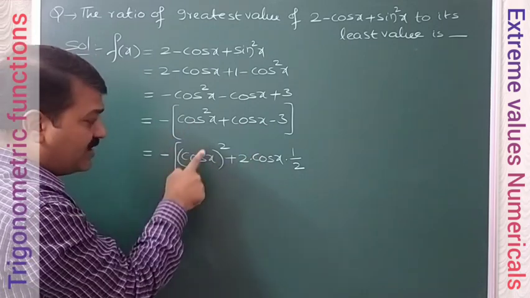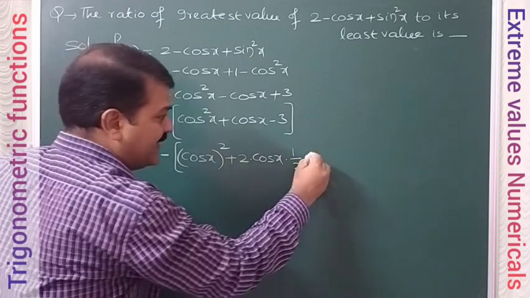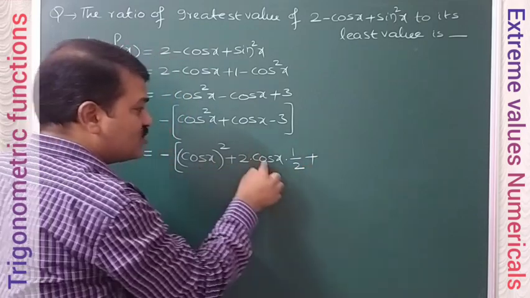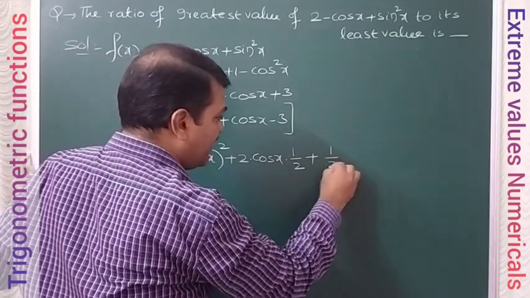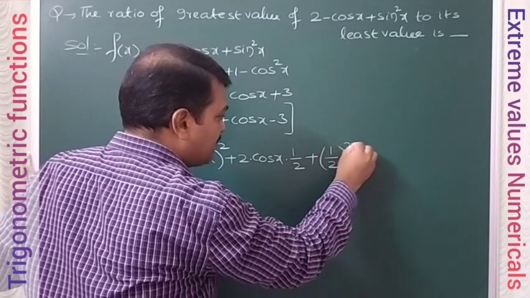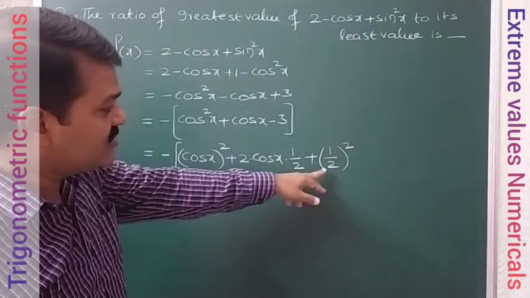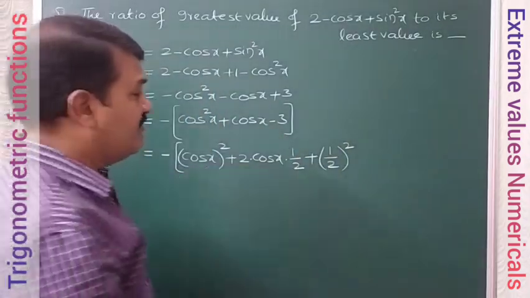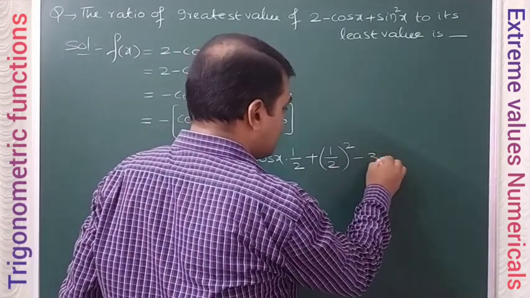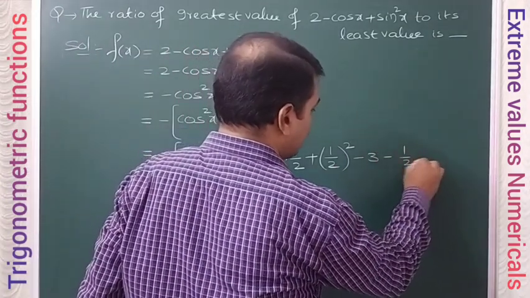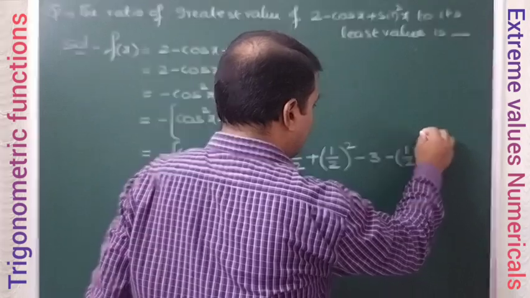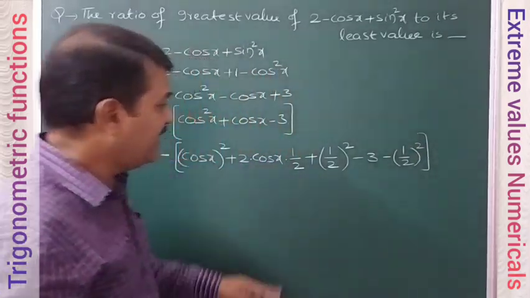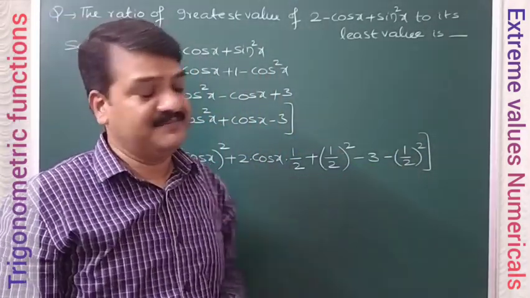So a is cos x, b is 1 by 2. So a square plus 2ab plus b square. This plus 1 by 2 whole square is actually not there here, so we will add and subtract 1 by 2 whole square.